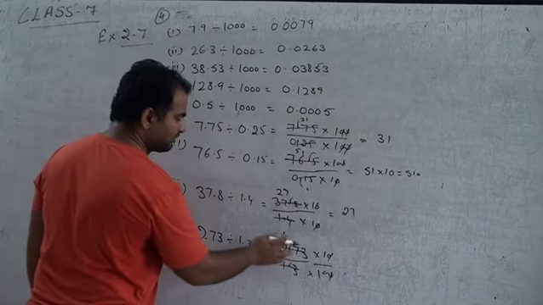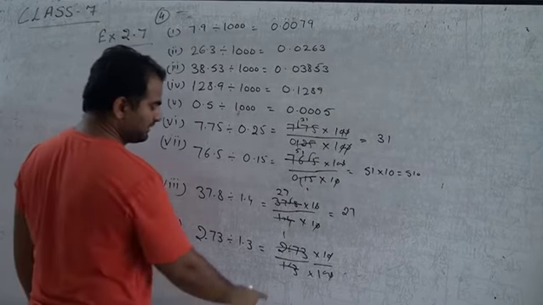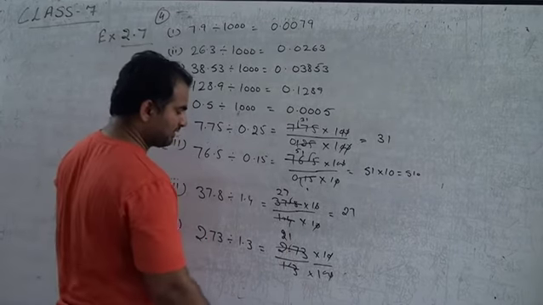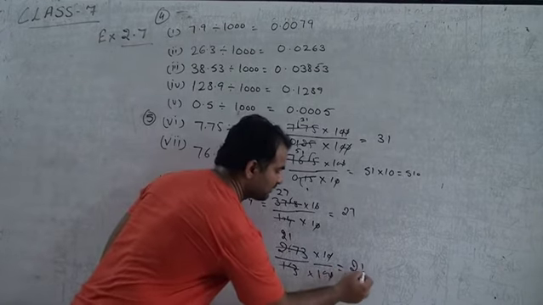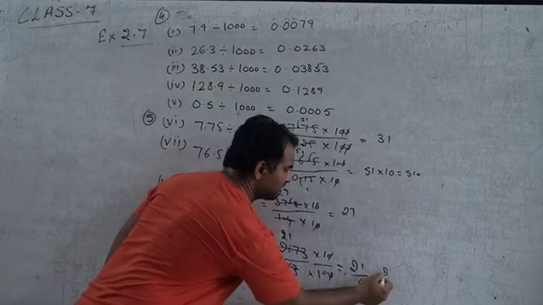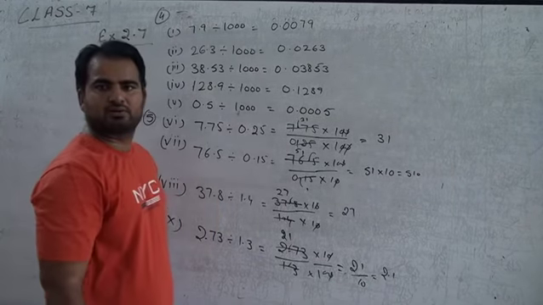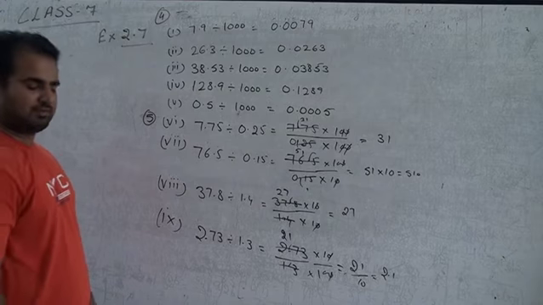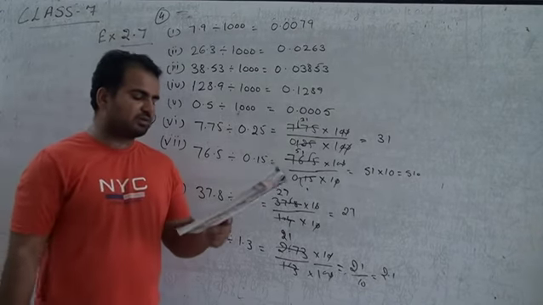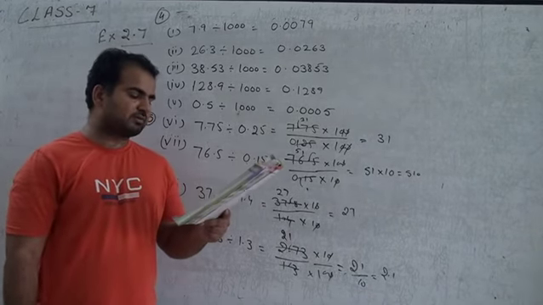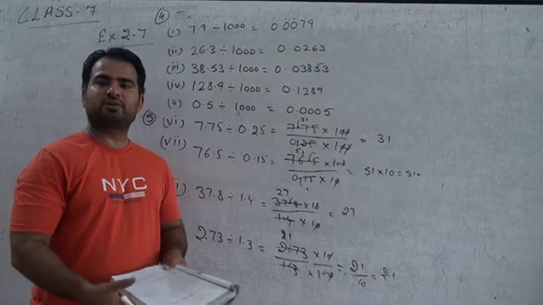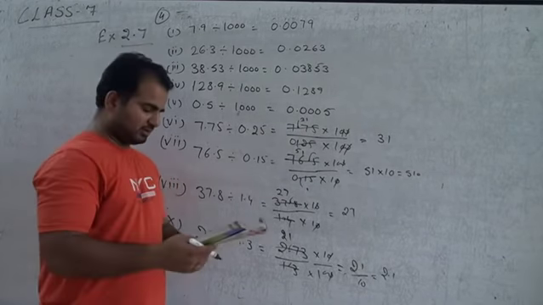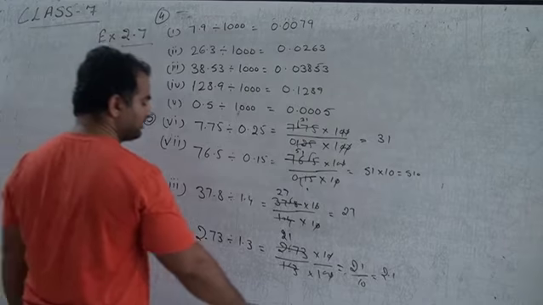With the table of 13, 13 2s are 26, 13 1s are 13. It will be 21 by 10, or we can say 2.1. So 2.1 is the final answer of question number 9. Okay class, you can do question number 1 to 5, and if there is a problem, you can call me or send me an update. Next we will go to question number 6.